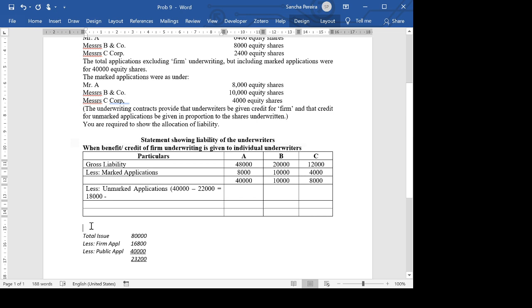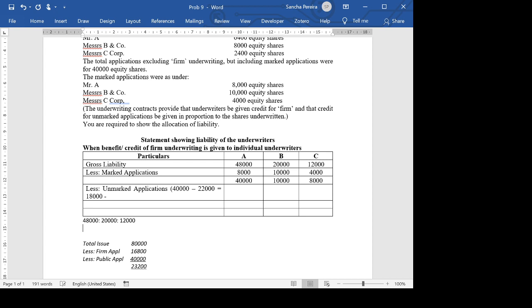I hope everyone knows how to find the ratio. 48,000 is to 20,000 is to 12,000. We can cancel the 3 zeros in each one. If you take it in 4, 4 twelves are 48, 4 fives are 20, and 4 threes are 12. I don't think it can be divided further. So the ratio of gross liability is 12 is to 5 is to 3.